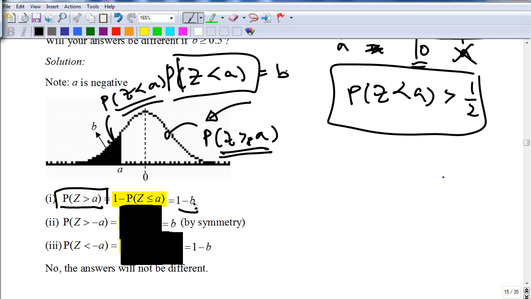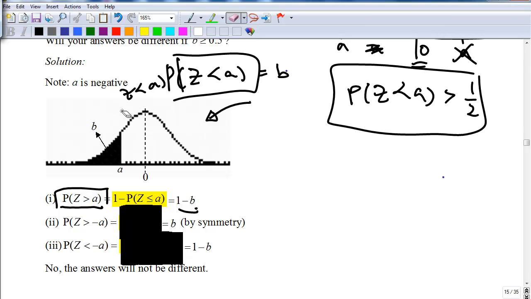We look at part 2. Part 2 wants you to find probability Z bigger than minus A. How should I do this? The first thing I do is try to locate where my minus A is. Because of symmetry about the Z equals 0 line, minus A is symmetric and is here. Remember A is a negative number, so minus A must be positive.